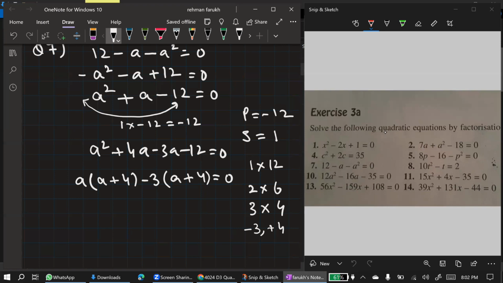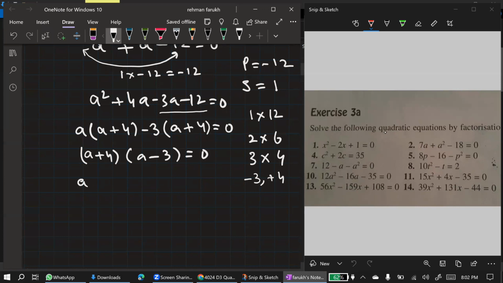When we take minus common from the -3a and -12, it will change the signs of both the terms, and since both the terms are negative, they will become positive when we take minus as a common. Now a plus 4 is common and a plus 3 is the other factor. Using the zero product rule, we will put both the factors equal to 0 and we will get two values of a.